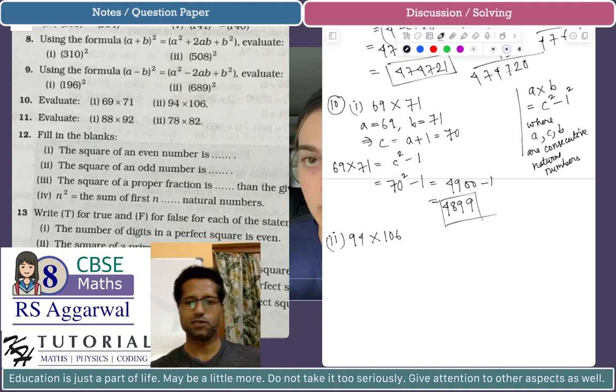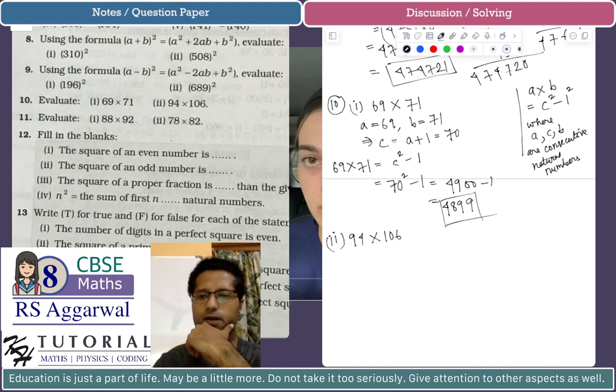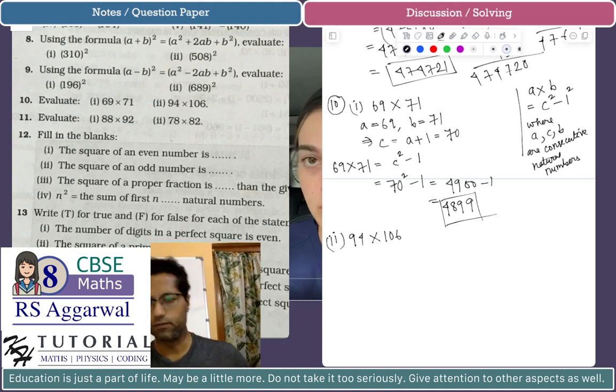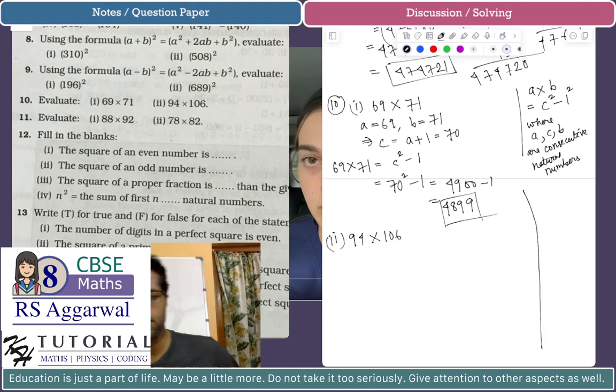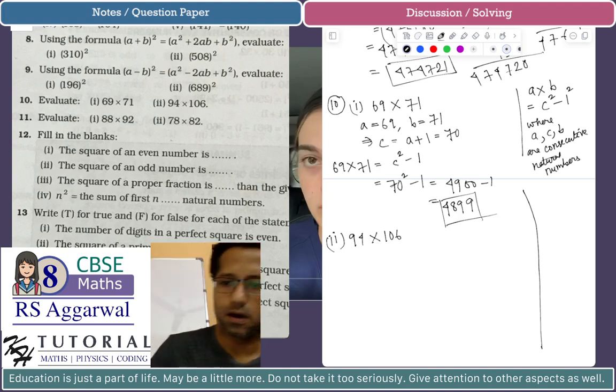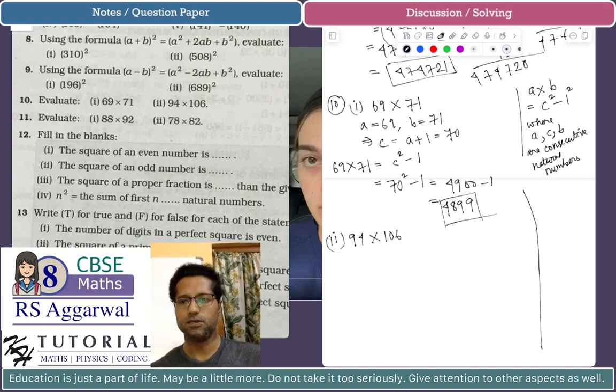Now for 94 into 106, we have to apply a similar kind of logic. The logic will be the same, but in this case C will not be the only integer between 94 and 106.